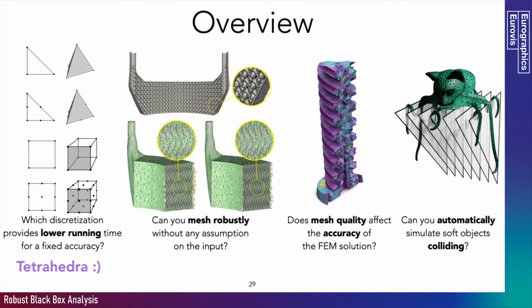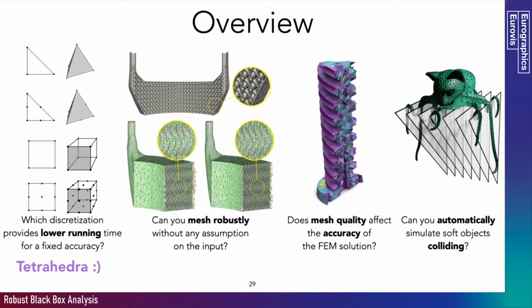The first one is going to be a surprise answer, and it is that for most applications, at least for elliptic and parabolic PDEs, it seems that tetrahedra are a very good compromise. They give you good performance, and we couldn't find any case where going for cubes will give you a noticeably major advantage.